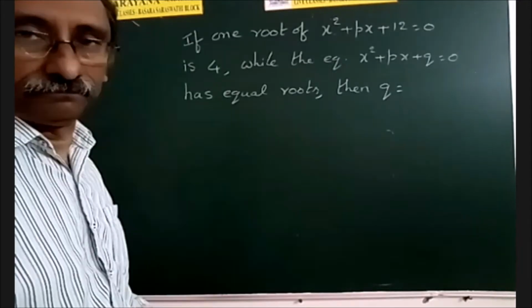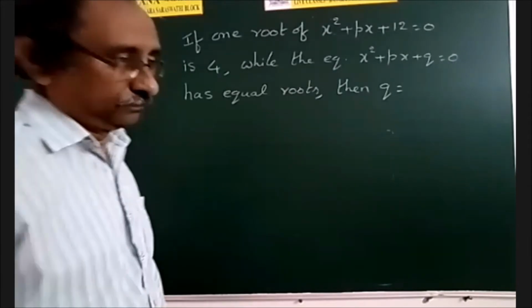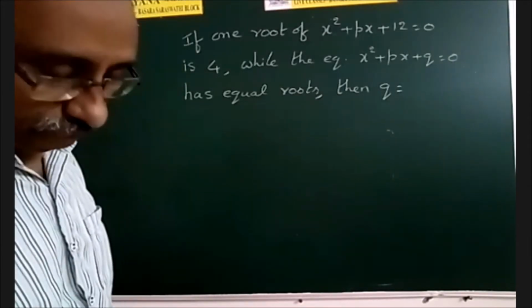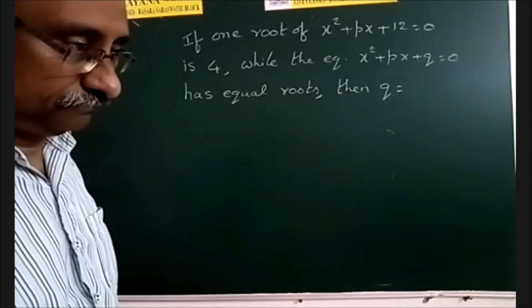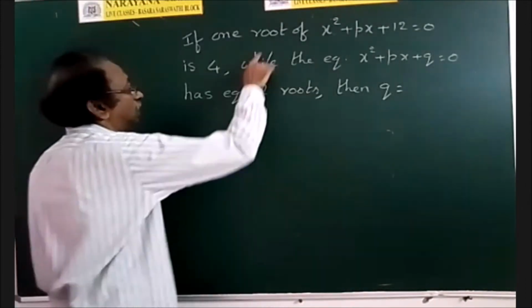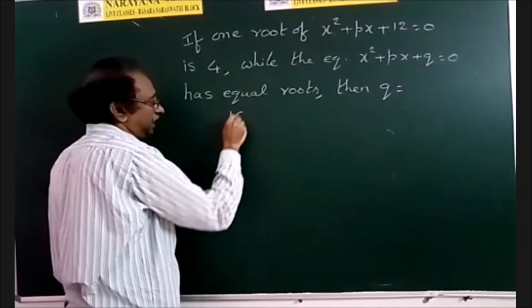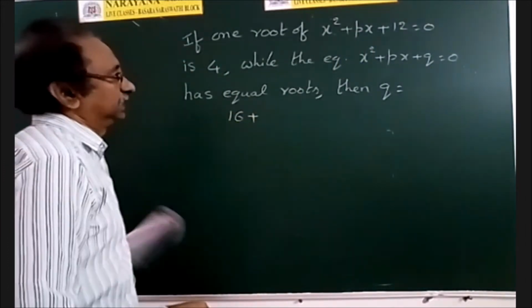Pritam: Sir, 49 by 4. 49 by 4. Okay, so let us see. Because one root is 4, it is a solution of that equation. I can substitute the 4 in that equation.